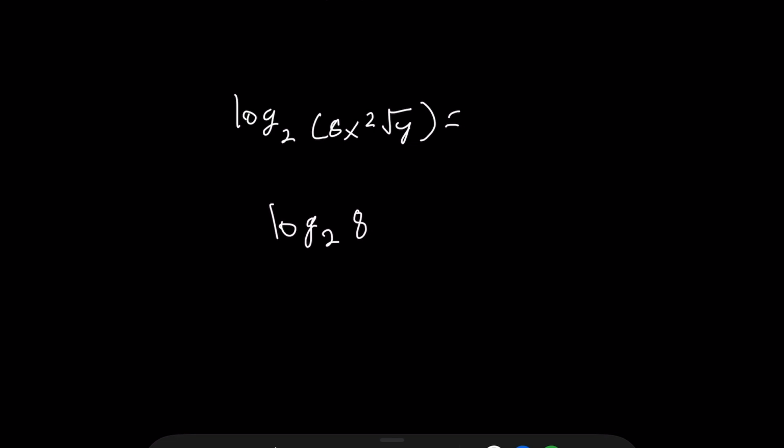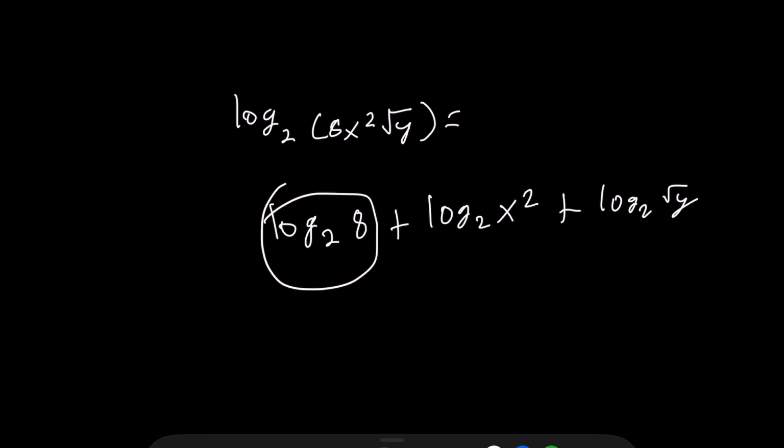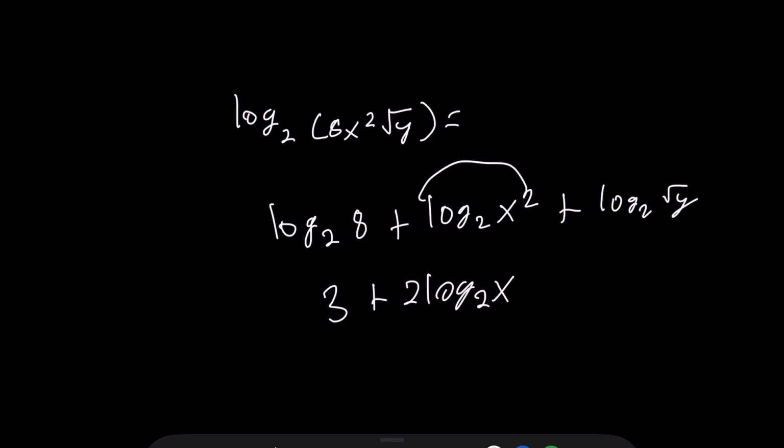So you actually end up getting this plus log 2 of x squared plus log 2 of square root y. You'll notice this is just equal to 3. You'll notice that we can move this to the front. And actually, because square root is technically an exponent, we can also move that to the front too.